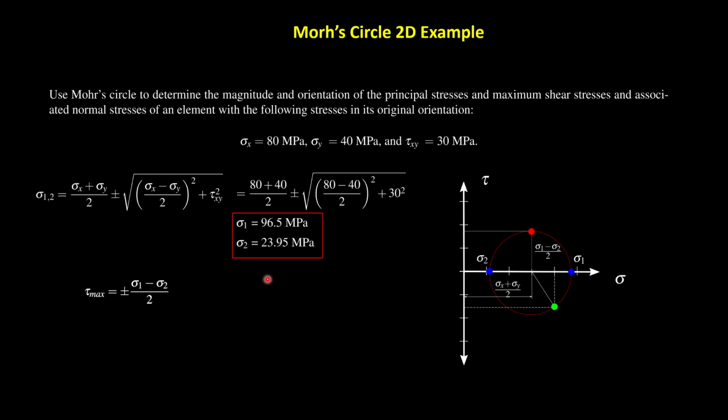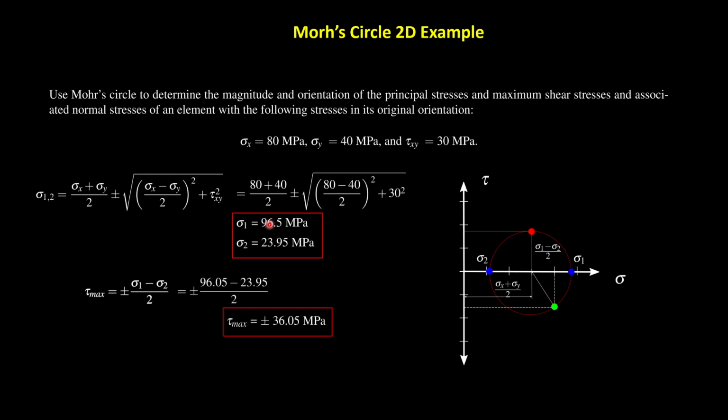So the first principal stress is going to be 96 megapascals, and the second principal stress is going to be around 24 megapascals, or 23.95 and 96.05 megapascals.